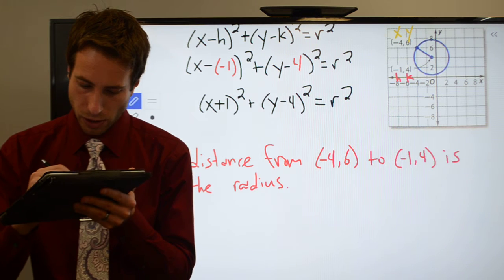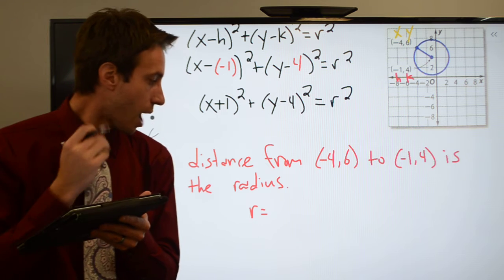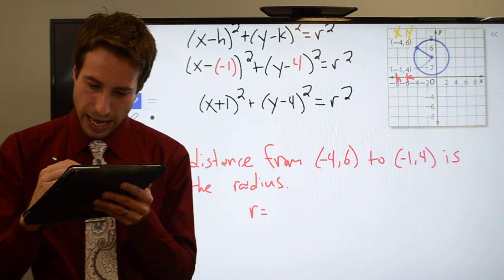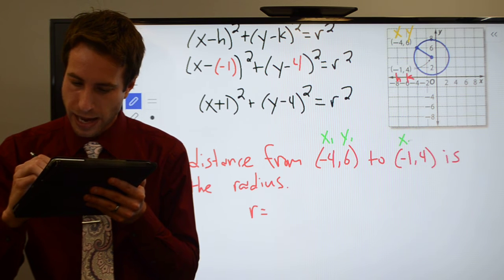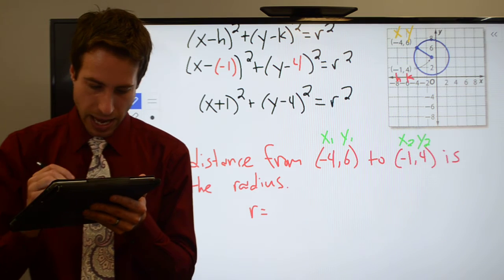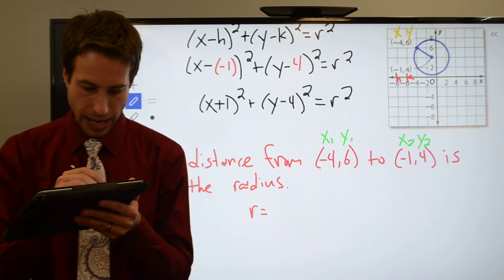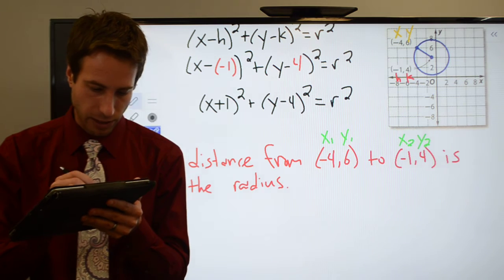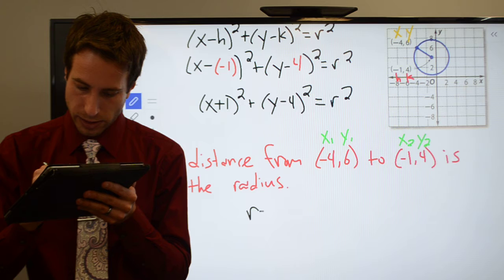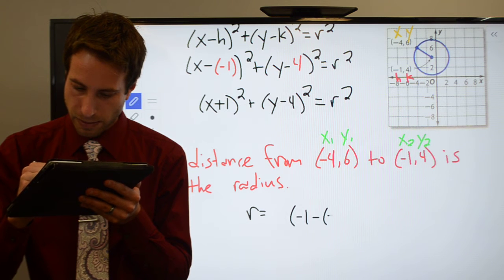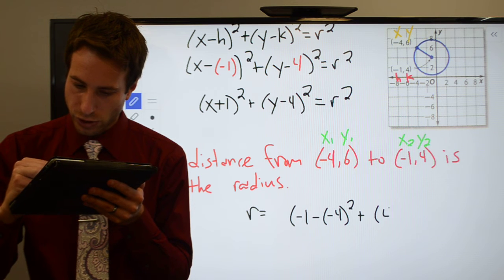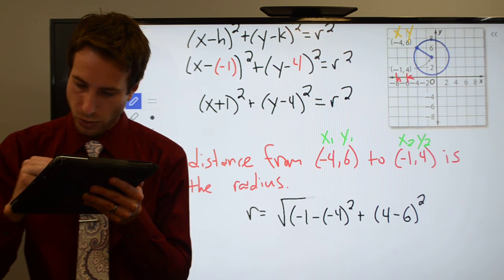All right, so r is equal to, remember the way it works, I need an x1, y1. I like to make the point farthest to the left x1, y1, then x2, y2. And we are going to plug and chug. R is equal to the square root of x2, negative 1 minus a negative 4, squared, plus y2, which is 4 minus y1, squared.